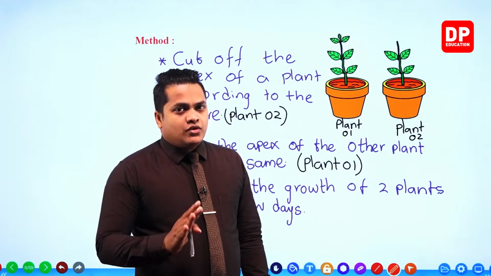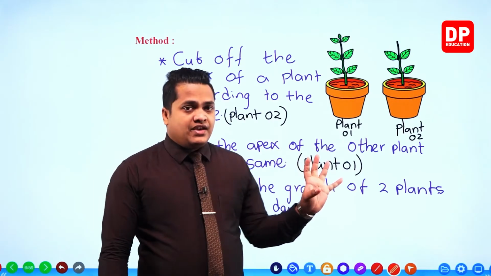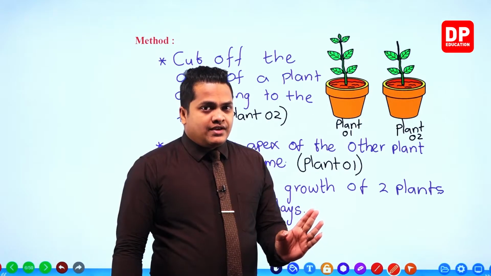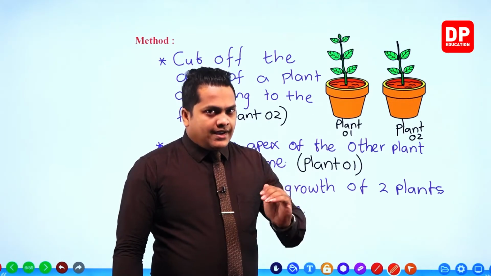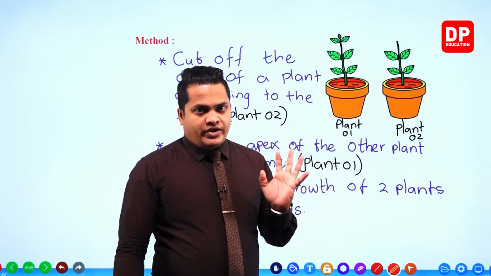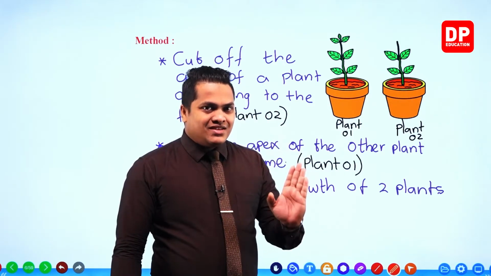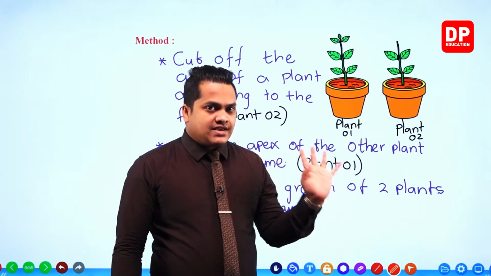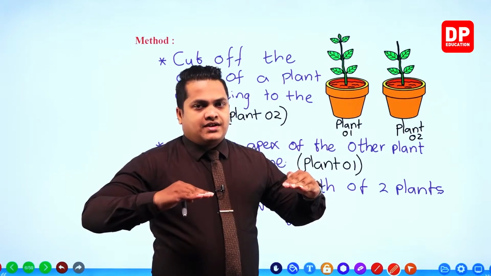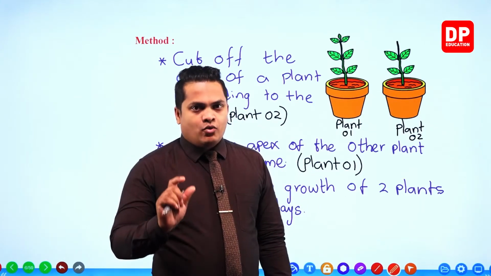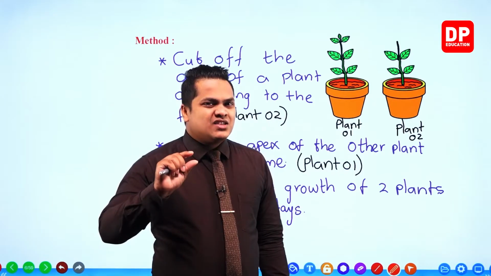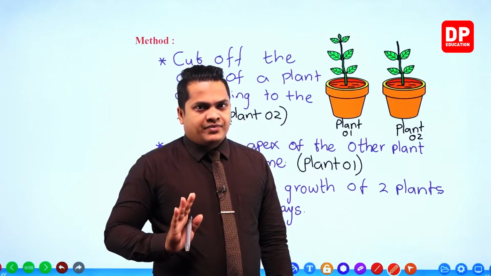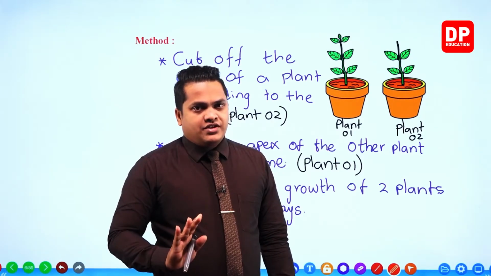Let's imagine that the removal of the apex is not going to affect the height of the plant in the first situation. Let's imagine that when I remove the apex of the second plant, the two plants are at the same height. However, you know that there is no considerable change, but there is a small bit of a change.